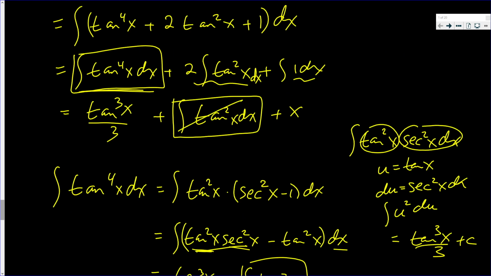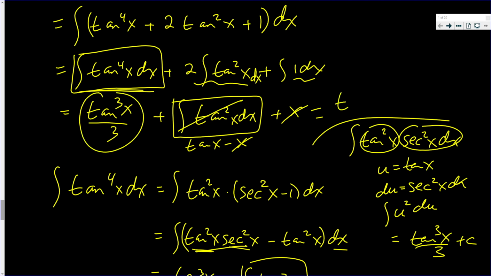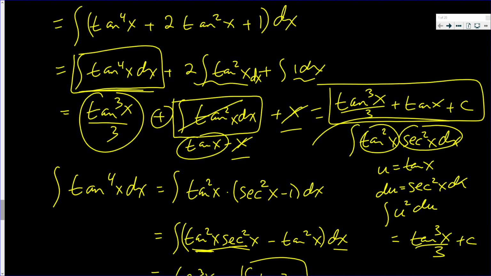So I erase this and I put tangent x minus x. And the minus x and the plus x go away. So I'm left with this: tangent cubed x over 3 plus tangent x. Remember, the minus x and the plus x canceled out. So there is your answer. And this completes the section on trig integrals.